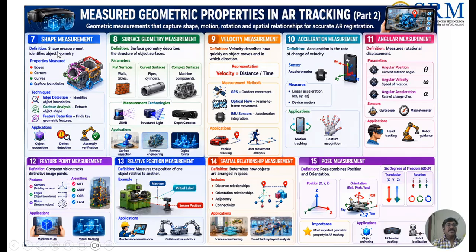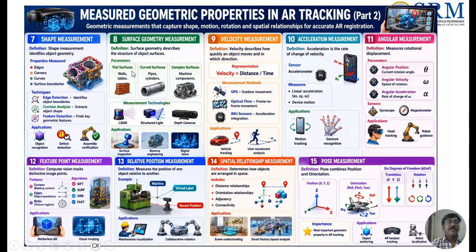In shape measurement, the shape measurement identifies the object geometry by means of edges, corners, curves, and surface boundaries. Edge detection identifies the object boundaries. Contour analysis extracts the object shape, and feature detection finds the key geometrical features. In the case of surface geometry measurement, the surface geometry describes the structure of an object's surfaces.